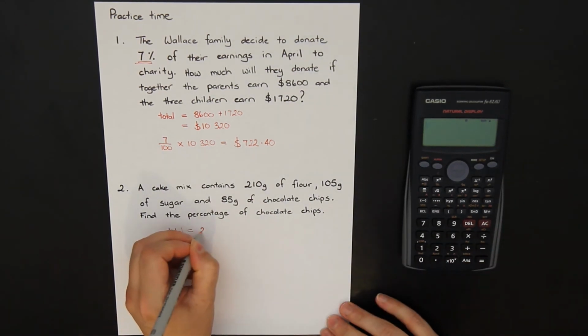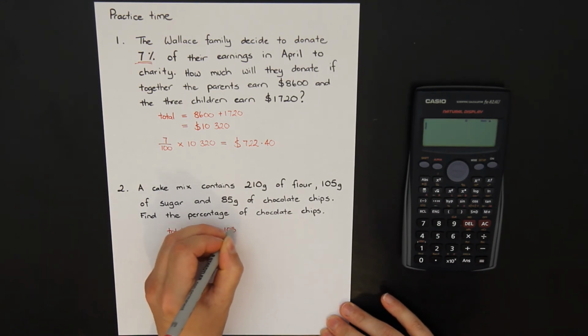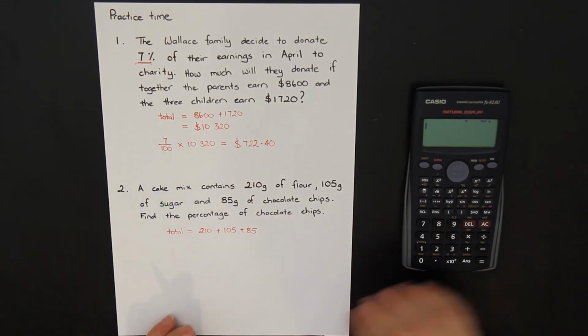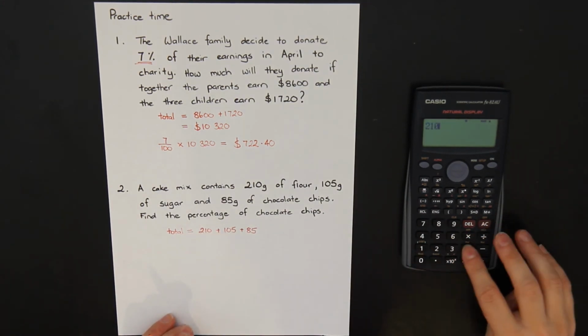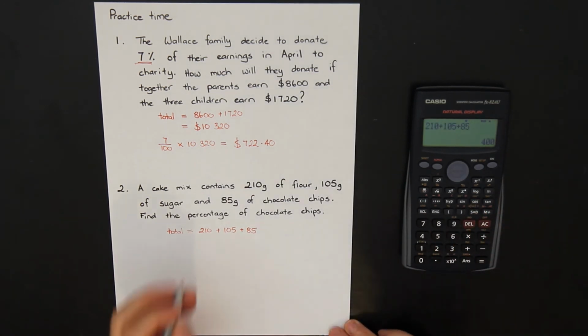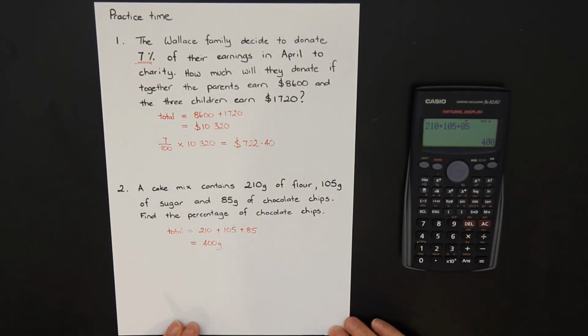We have 210 for flour, we have 105 grams of sugar, and we have 85 grams of chocolate chips. So 210 plus 105 plus 85, which is a total of 400 grams. This is a 400 gram packet of cake mix.